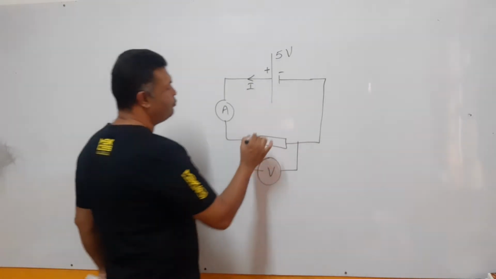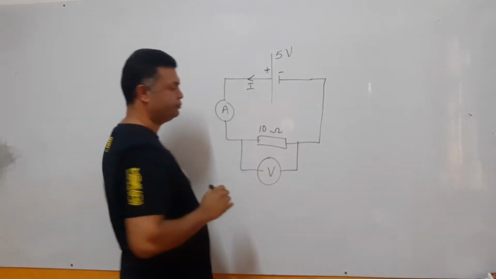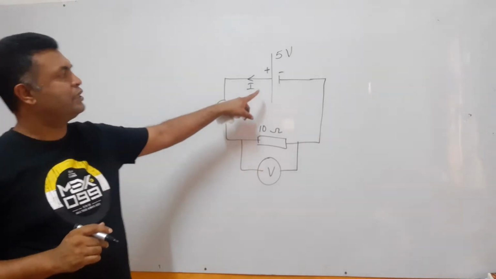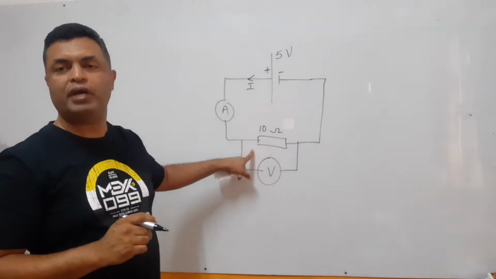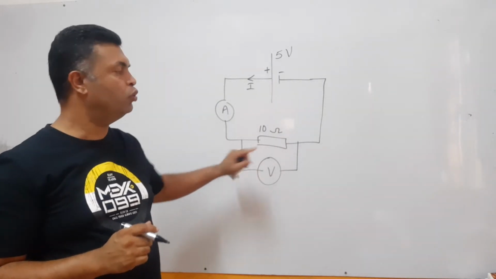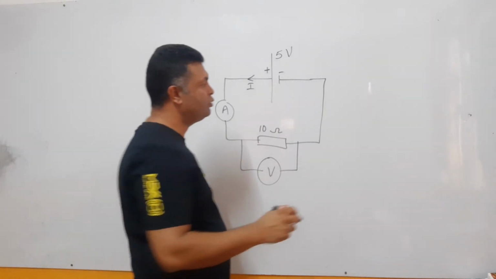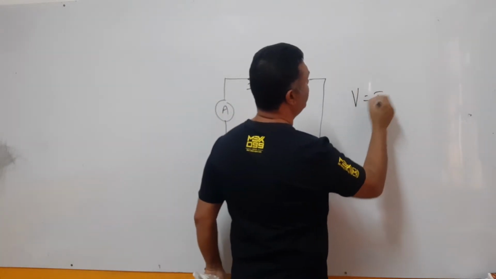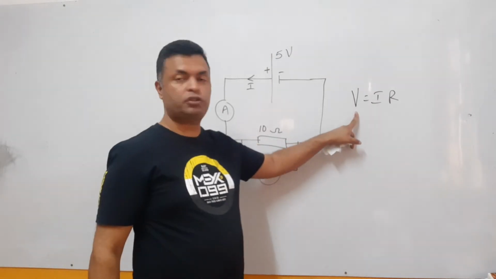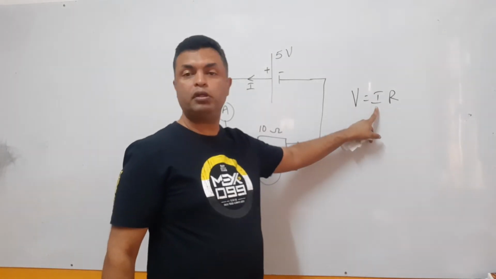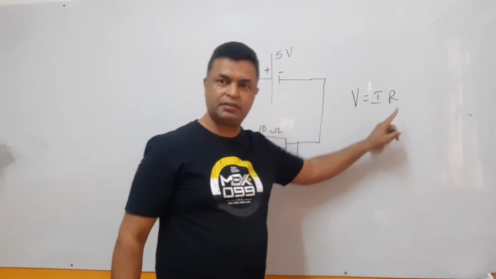Now, let's say I place 10 ohm here. So I have a cell with an EMF of 5 volts. I have a resistor of 10 ohm. Now, you should be knowing this equation, V equal to IR. V is the voltage, I is the current, R is the resistance.